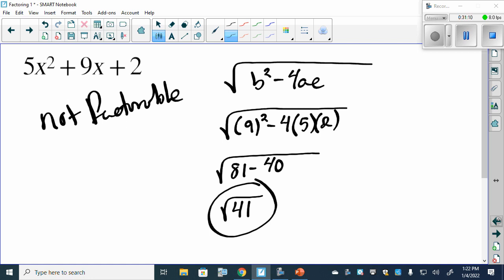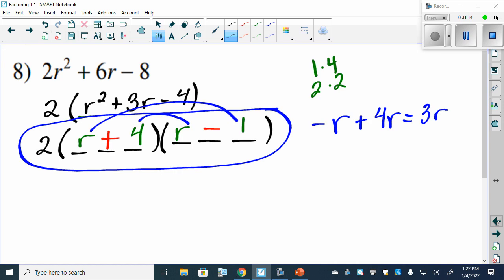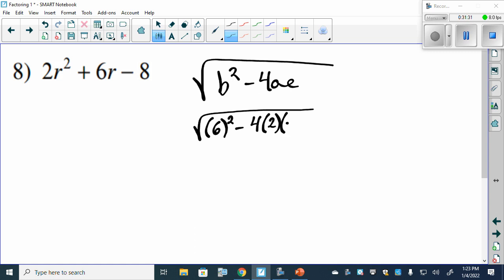Now, if we look back to this one here, we see that this one does factor down, yes? I'm going to erase this here. So our b squared minus 4ac. Well, the value of b here is 6. 4 times 2 times negative 8.